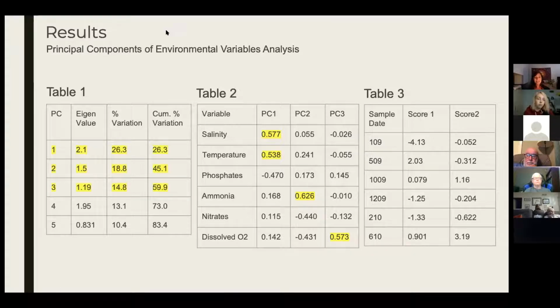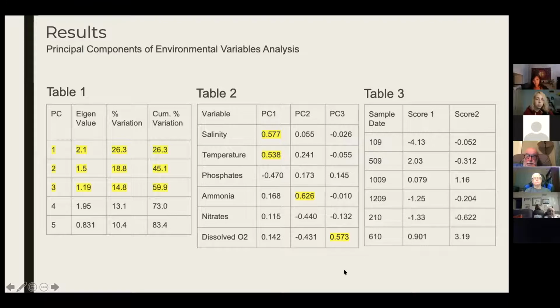And look at what comes out. Salinity and temperature explain the majority of the variability on one axis, and ammonia explained the majority of the variability on another axis. And then we also have a strong role for dissolved oxygen.